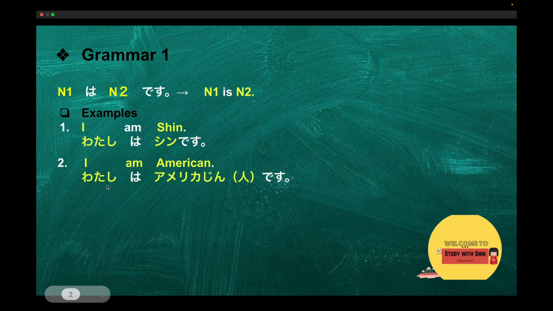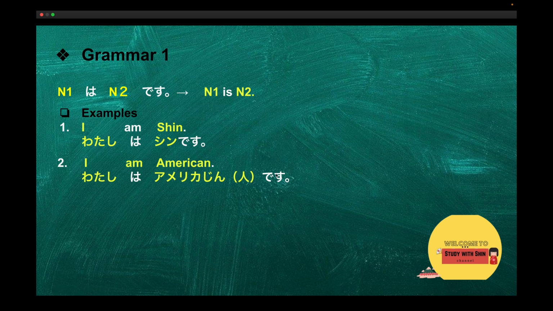As I said, I is watashi. And then we have this grammar structure, wa. Watashi wa, which means I am. And then American, Amerikajin, which means American. Amerikajin desu.